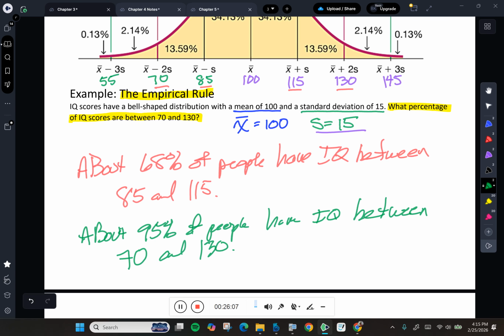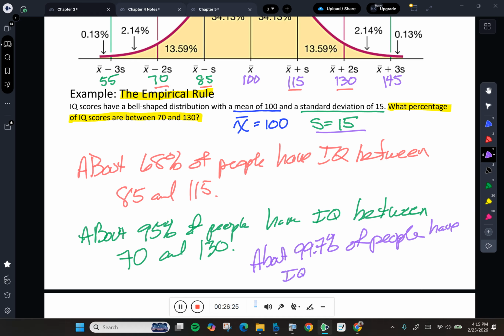Could I go 3 standard deviations out and say about, whoops, I want to change colors, 99.7% of people have an IQ between 55 and 145.